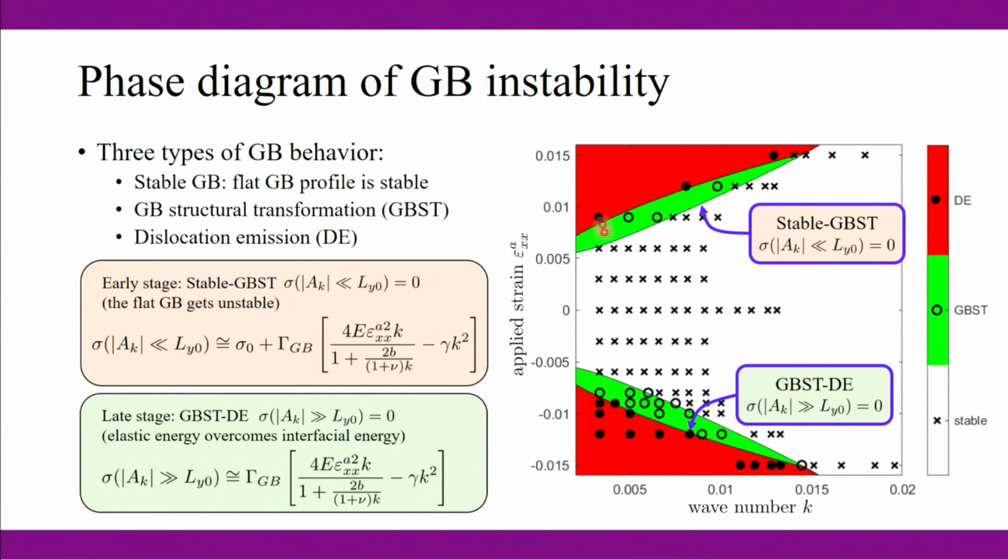For different applied strain, you can do a PFC simulation to see, for different wave number perturbations, whether it's going to be stable, that'll be the cross. Or you only see the surface undulate a little bit and see a grain boundary structure transformation, that'll be the empty circle. Or you actually see the amplitude grow and in the end have this dislocation emission, right? And the boundaries you are seeing here to separate different regions are from our theoretical prediction.